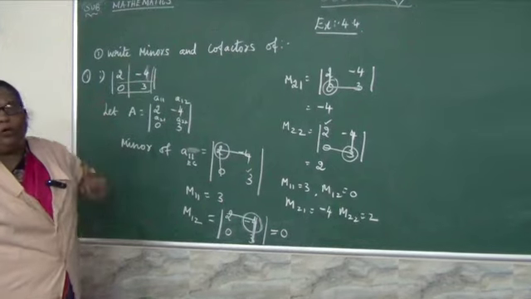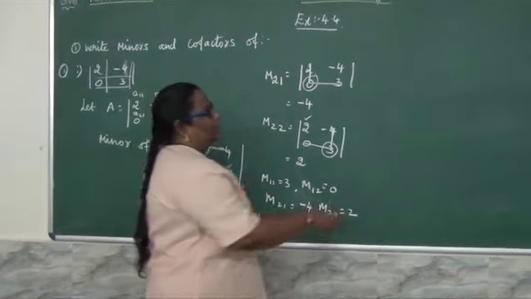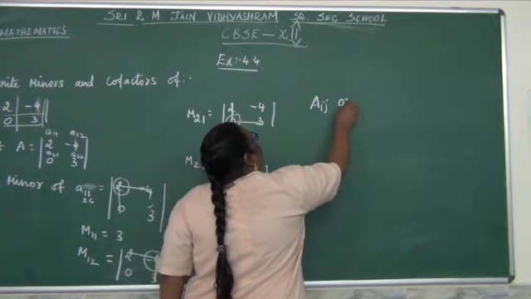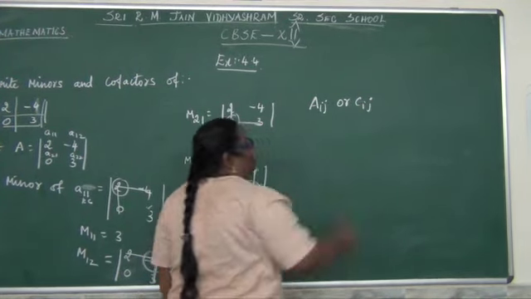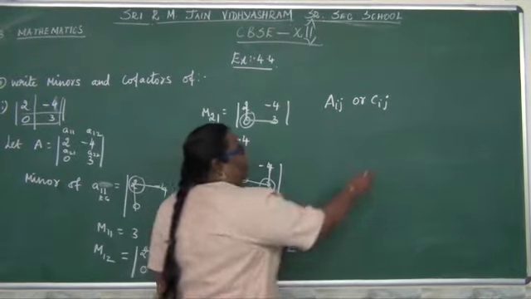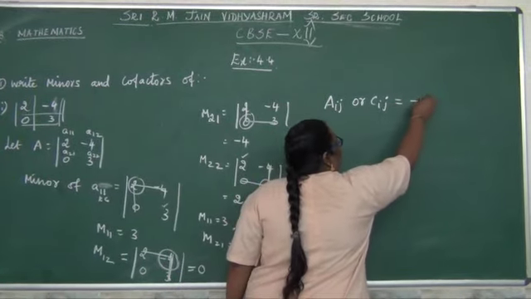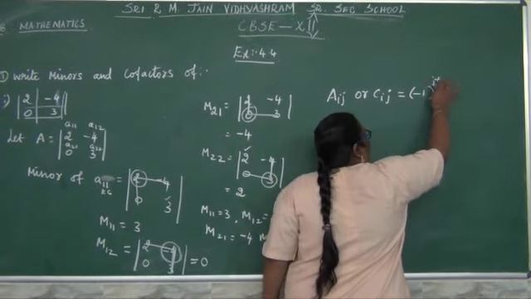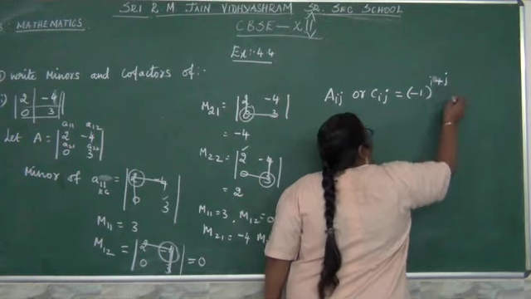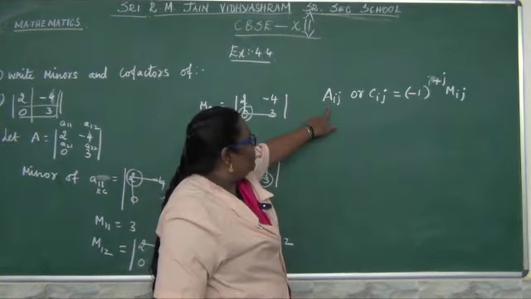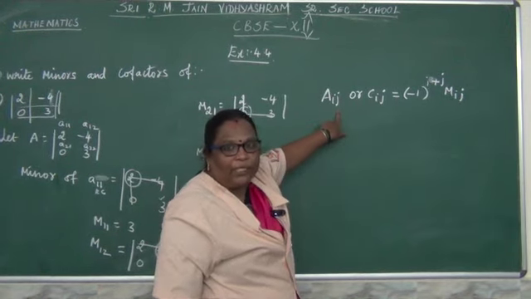Then we move on to the cofactor. The cofactor is Aij or Cij. The formula for the cofactor is minus 1 whole to the power i plus j into Mij. Here i represents the row and j represents the column.